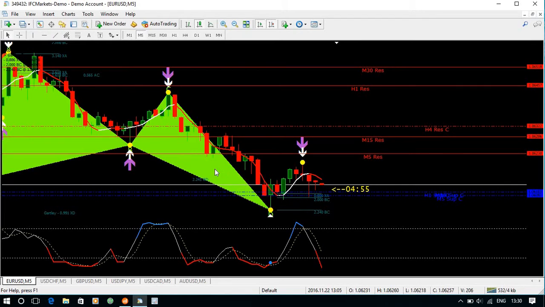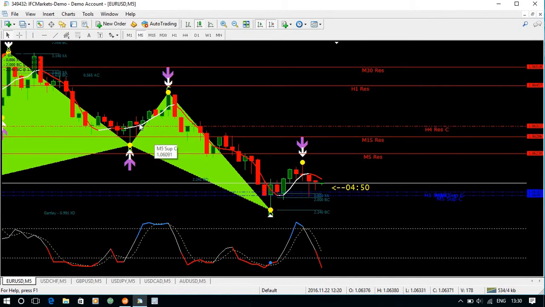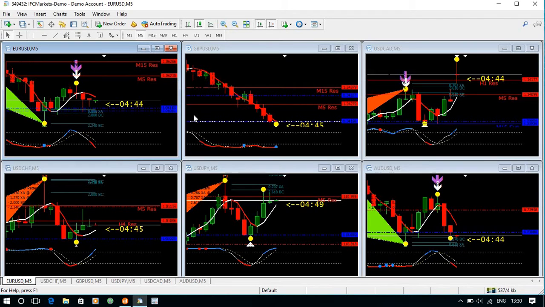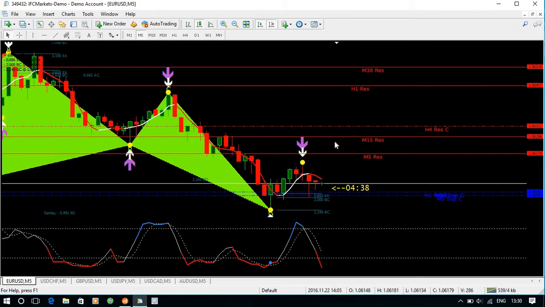It's come out of the Gartley bearish pattern, and now it's going up. If you've got multiple windows up like myself, the alerts box comes up, say in this corner, your USD showing bullish pattern. You go into your main chart, so you open it up like this. You've seen that it's hit the support line. It's now going back up.